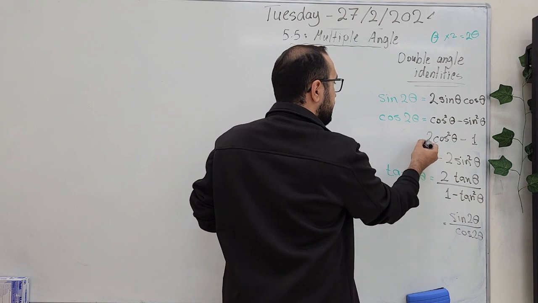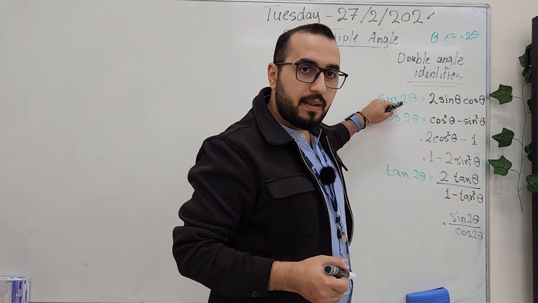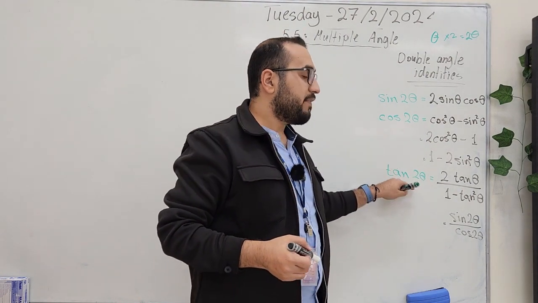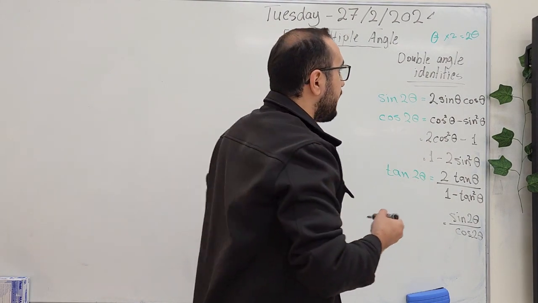So as you can see, I have the sine double angle, the cosine double angle, and the tangent double angle. All of these are the formulas for the double angle identities.